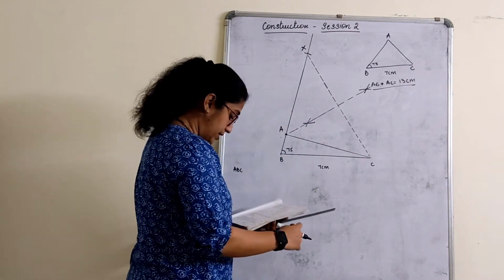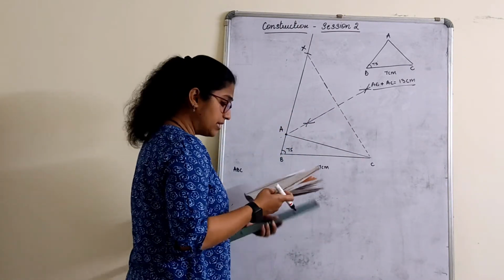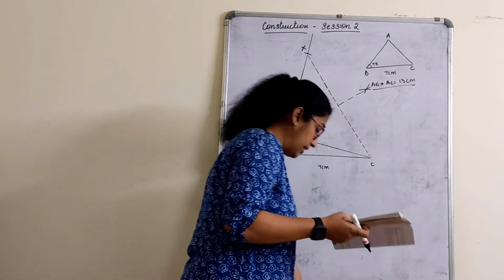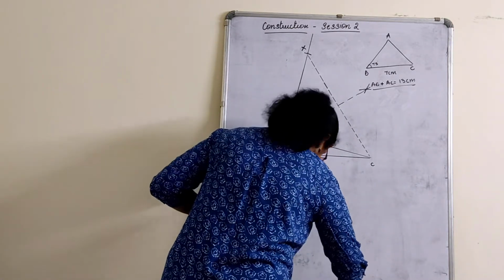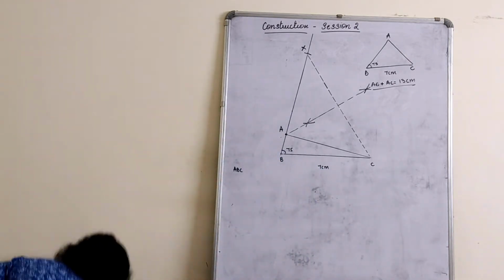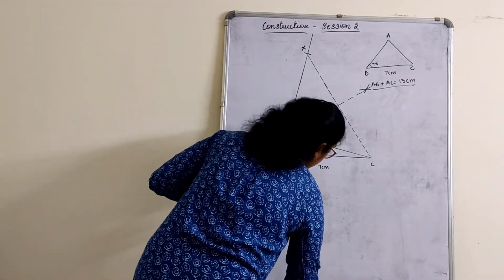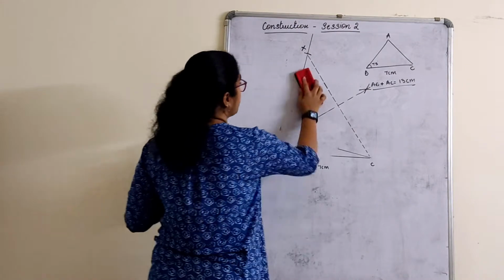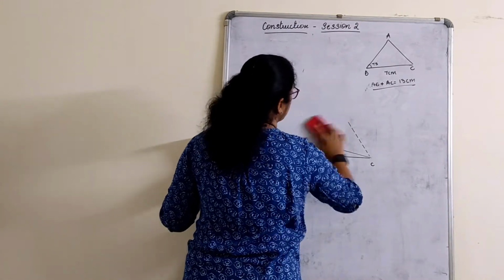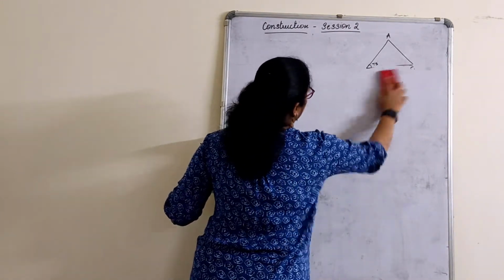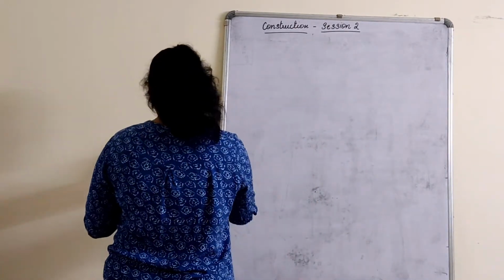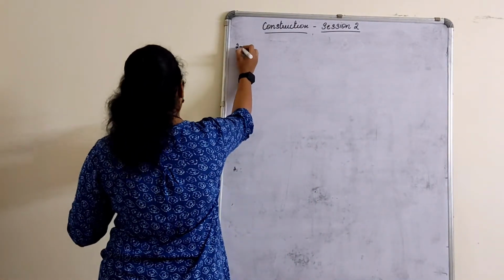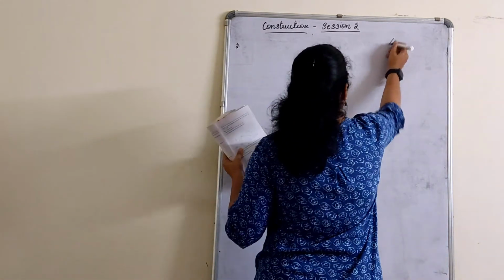Let's see the next one. Now next one is minus. Okay. How to do the minus construction? Let us first see and understand that. Even minus or plus, whatever the construction, base, angle and side should be mentioned.